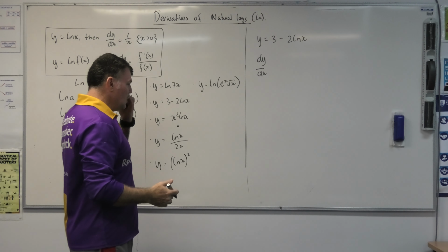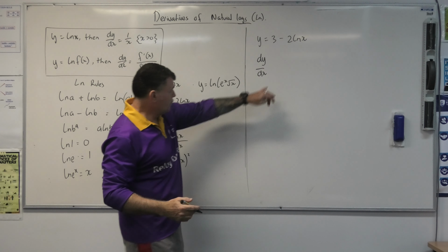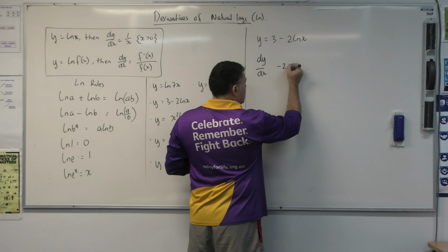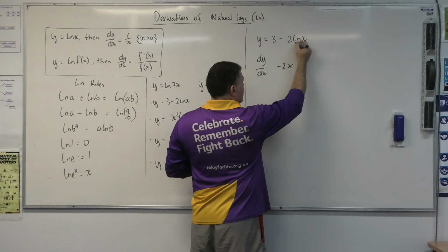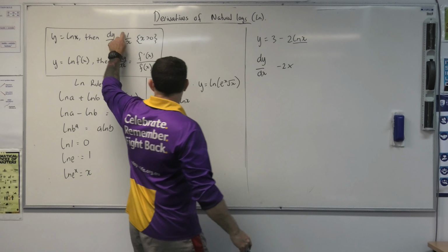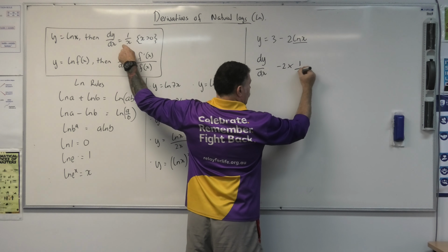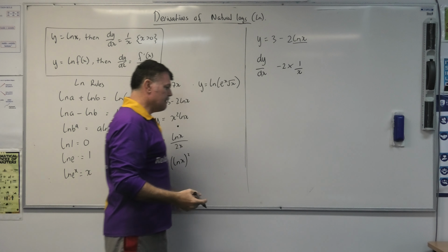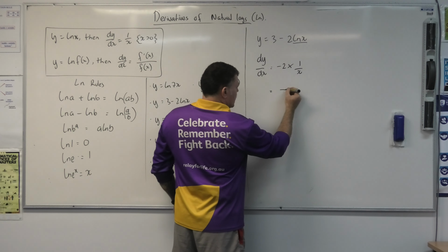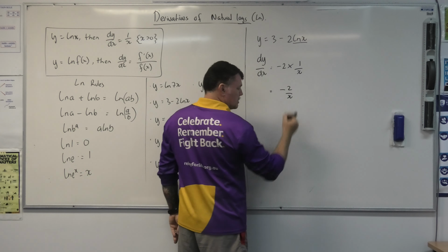Now I'm looking at this part here. I'm going to have negative 2, but I'm going to times this by the derivative of ln x. And I know the derivative of ln x is 1 on x.